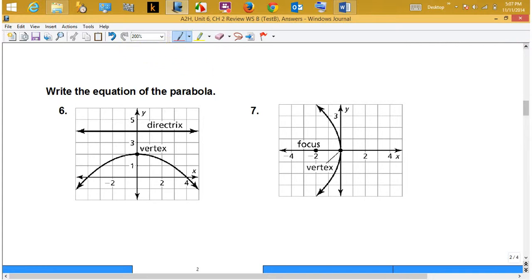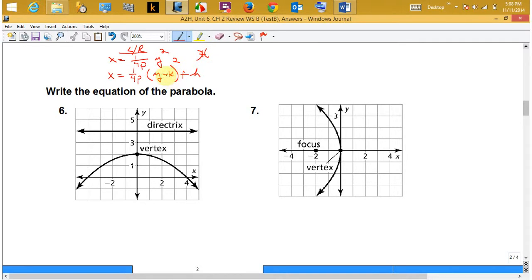The base equation would be x is equal to 1 all over 4p y squared. And then one, if it has a shift, is going to be x is equal to 1 all over 4p times y minus k squared plus h. So notice that these are opening left or right. That would be a parabola that looks like this.